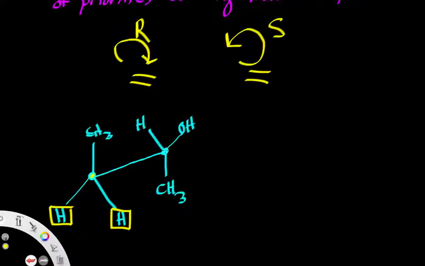So now let's move down this bond, and we'll go to this carbon. It looks like we have oxygen, which will have the highest atomic mass relative to this carbon, this methyl group, and this hydrogen. So why did I make this priority number 2 and this priority number 3? Whenever we are assigning priorities, we are looking for our first point of difference.